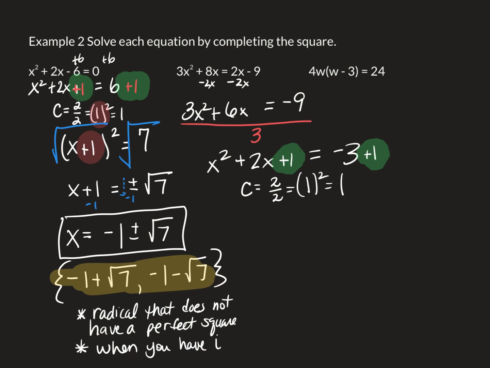The next step says factor on the left, simplify on the right. So step 4 says factor on the left. The left side will always factor into a binomial to the second power. Write down your middle variable. Then write down the answer you got when you divide it by 2.